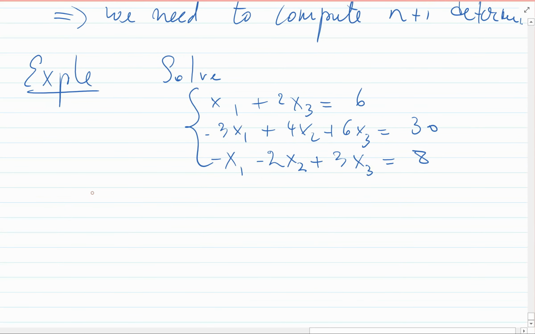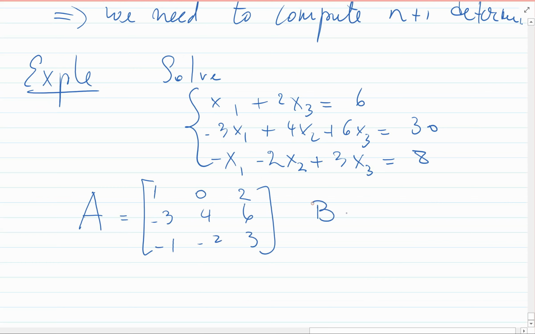So what is the coefficient matrix? We are going to find 1, 0, 2, minus 3, 4, 6, minus 1, minus 2, and 3. What is the column vector B, the non-homogeneous one? 6, 30, and 8.